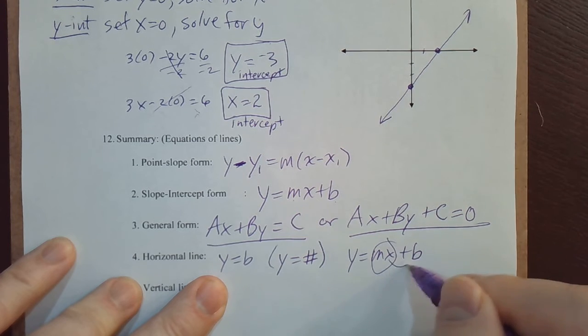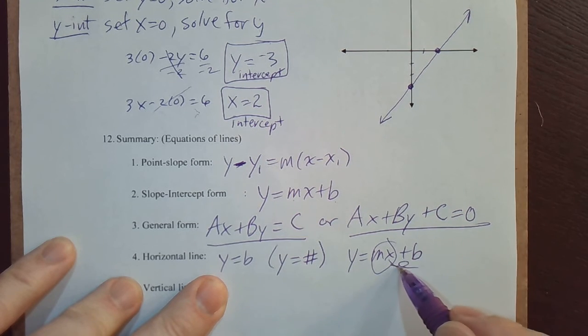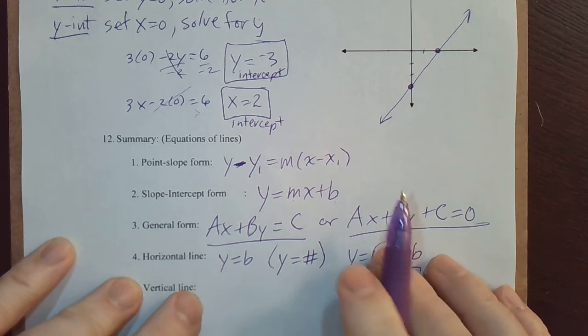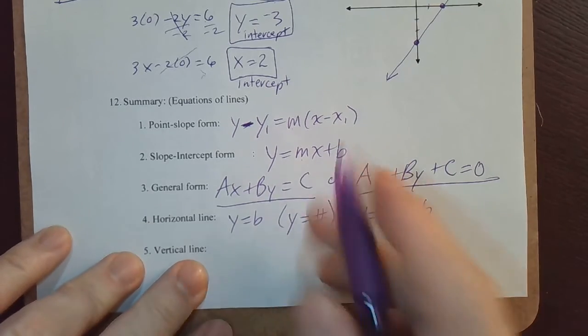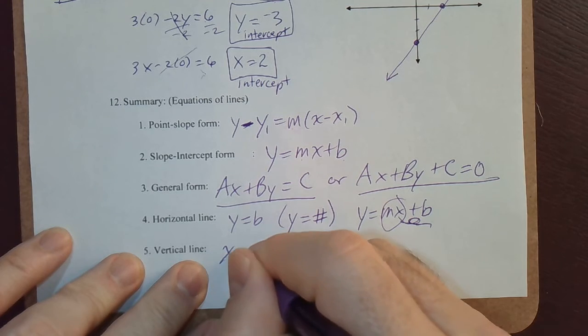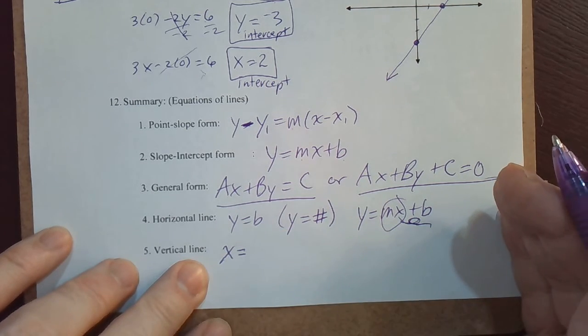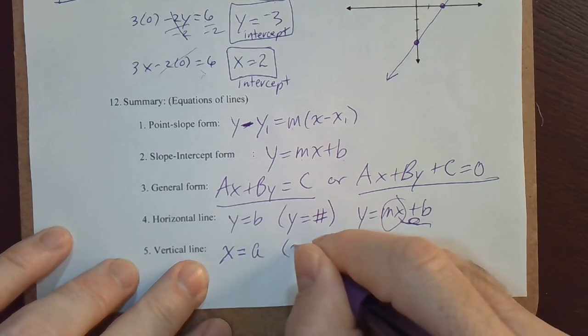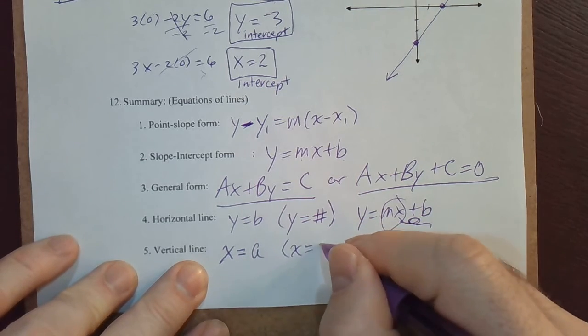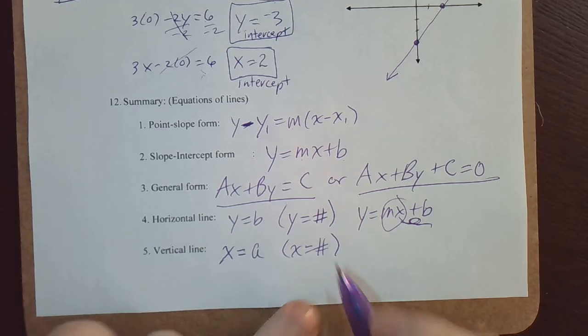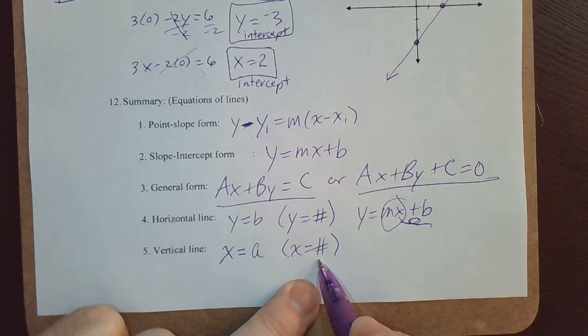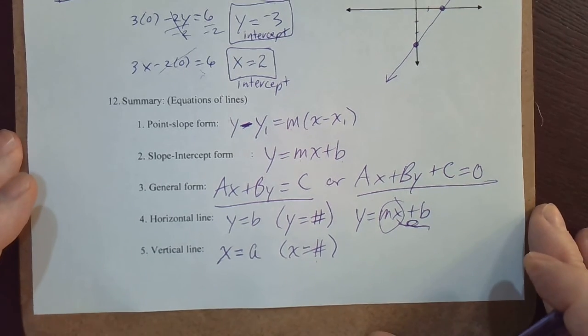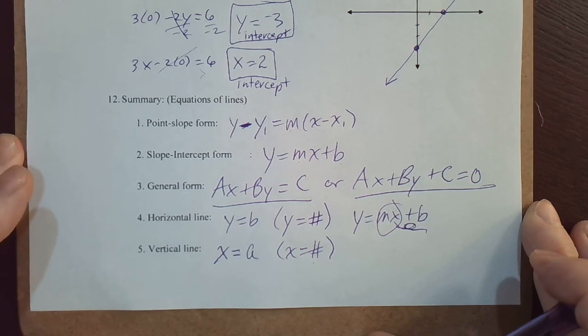So this term goes away, with y equals b. And then vertical lines are the only lines where there's no y, only x. x equals a. In other words, every vertical line has to be of the form x equals some number. So those are formulas you should memorize.